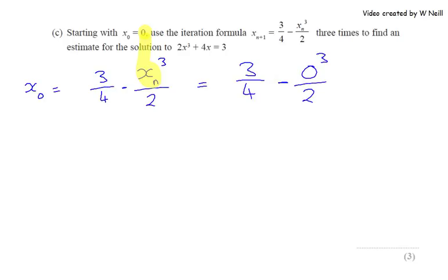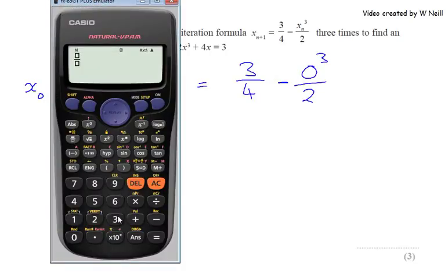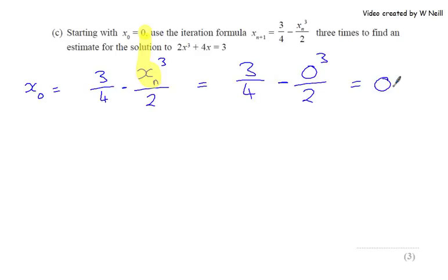So I'm going to type that straight into the calculator. 3/4 minus, I'm going to open another fraction, 0 cubed divided by 2. I'm going to press equals. I'm going to get the number 0.75.